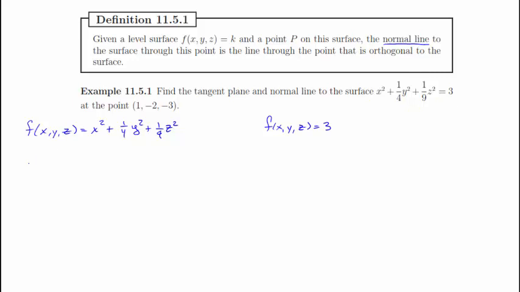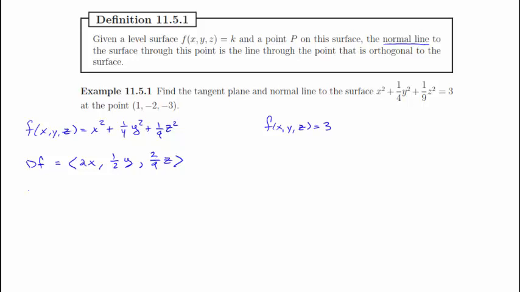So if I get my gradient of f, this is nice because there's no x times y or z anywhere in here. My partial in the x direction is 2x, my partial in the y direction is 1/2 y, and my partial in the z direction is 2/9 z. And if I plug any point into this gradient, it gives me a vector that is orthogonal to the surface in question.